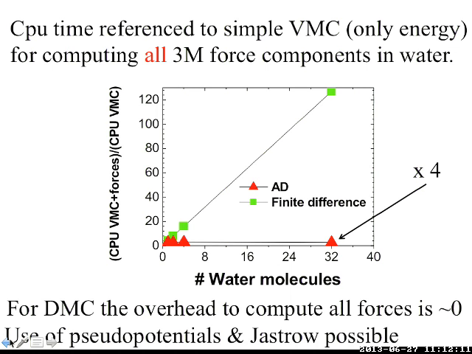And also, the point is that when you use pseudo-potential or a very complicated Jastrow like ours, if you want to do the derivative analytically, write the code, this becomes hopeless.